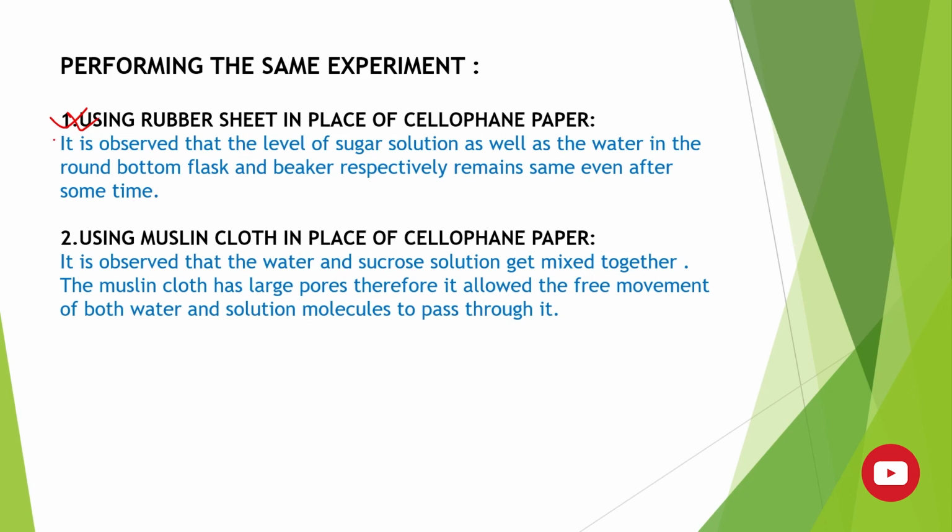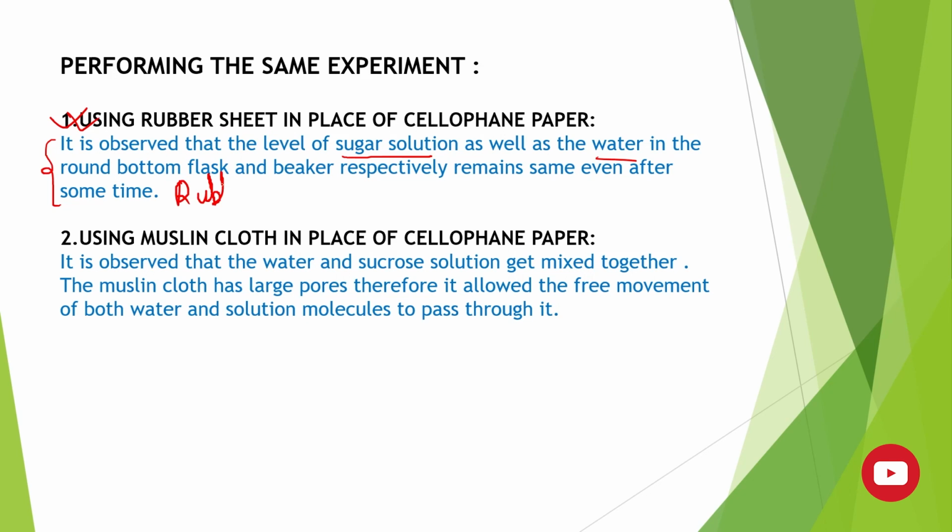What we are going to see is that the water in the round bottom flask and the beaker respectively remain the same even after some time. That is, there is no change in the level of water. Even if we take two different solutions, that is sugar solution and water, there is no change in the level of any liquid. Why? Because a rubber sheet is not a semi-permeable membrane.